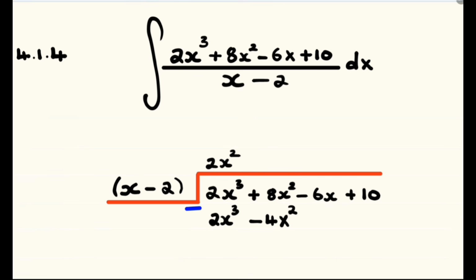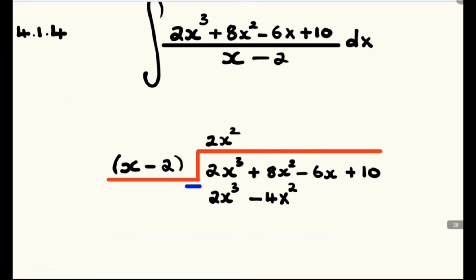And we have to subtract, so 2x cubed minus 2x cubed will be 0. 8x squared minus negative 4x squared will be positive 12x squared. And from here, we take down the negative 6x and we write it next to the 12x squared.